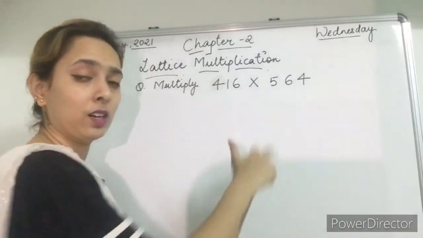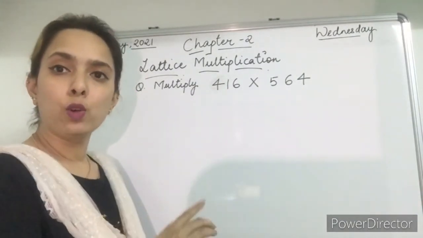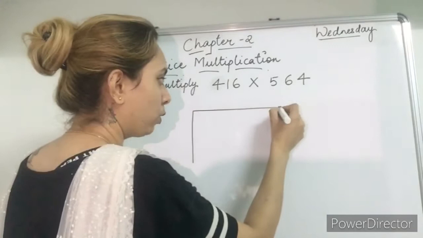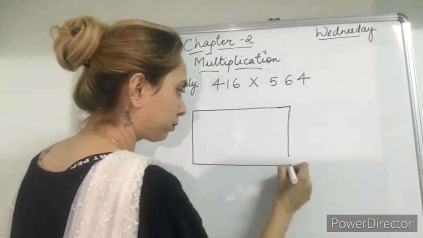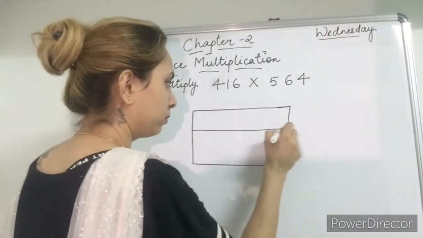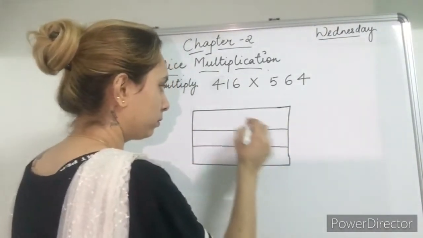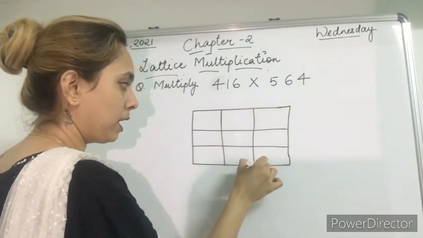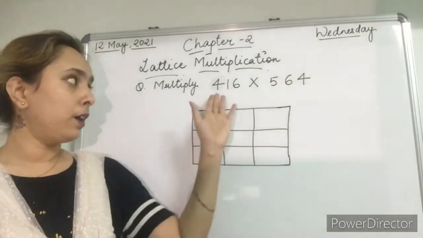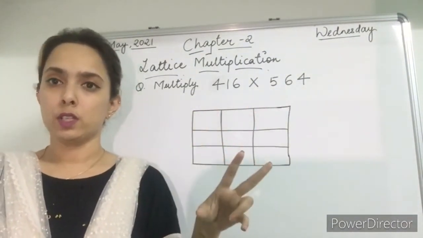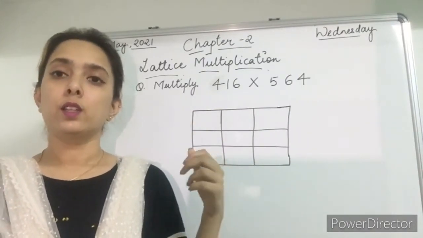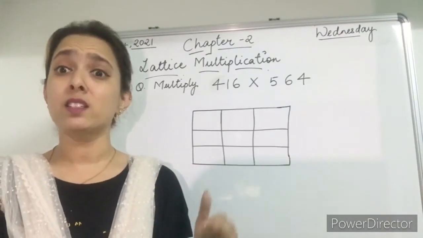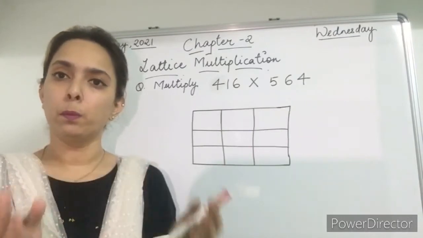So we will make 3 rows and 3 columns. If there were 2-digit numbers on both sides, we would make 2 rows and 2 columns. It depends on the number of digits on both sides.